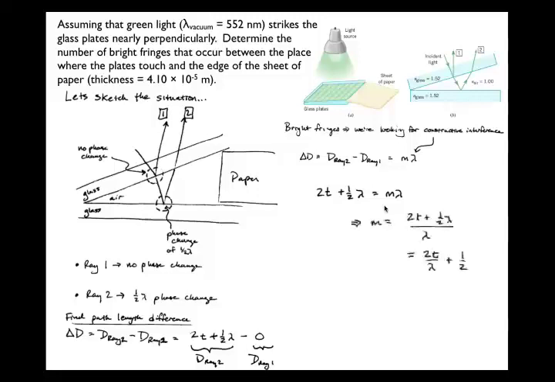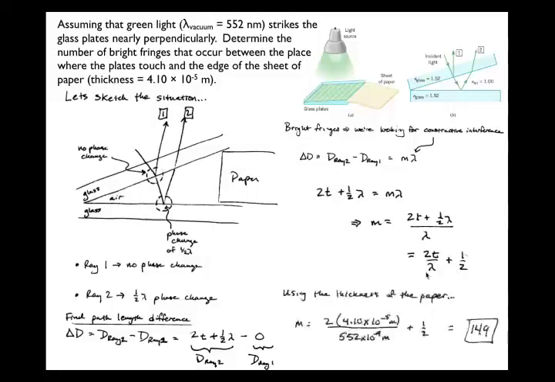Therefore, m, which is the number of fringes, has to equal 2 times the thickness plus half a wavelength divided by the wavelength, or 2 times the thickness divided by wavelength plus 1/2. If you plug in the thickness of paper for the thickness of the air gap, essentially we're thinking about the last place where we get constructive interference before we run into paper.